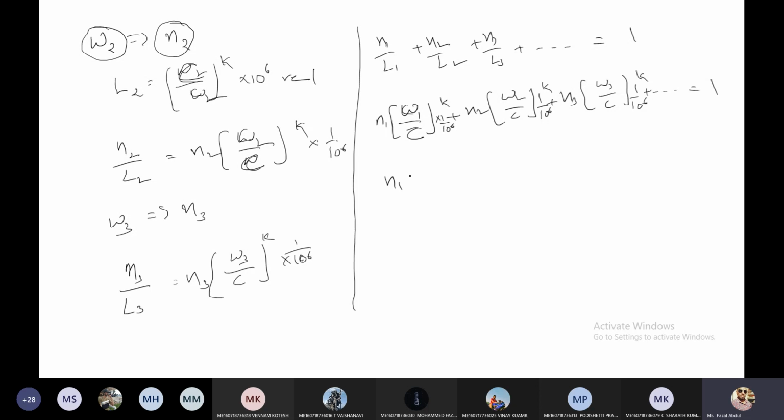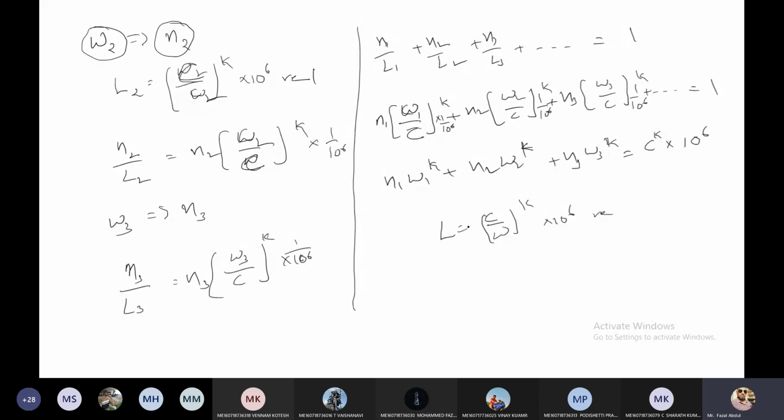N1 into W1 power K plus N2 into W2 power K plus N3 into W3 power K equal to (C into 10 to the power of 6) power K. So the actual definition for the life of a bearing is (C by W) power K into 10 to the power of 6.